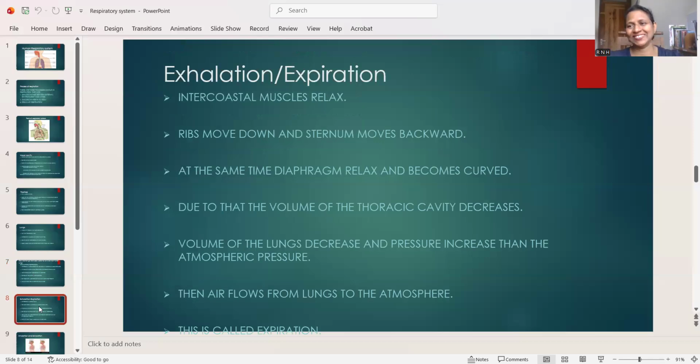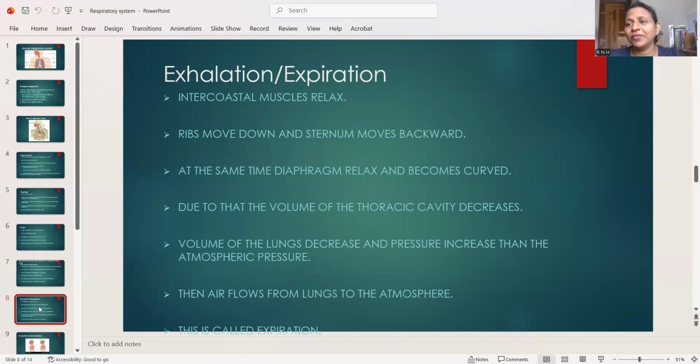Exhalation is the opposite of that. In that, the intercostal muscles relax, the ribs move down, the sternum moves backward, and the diaphragm increases its curvature.